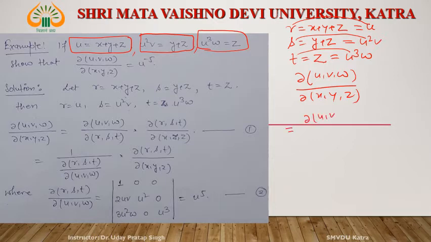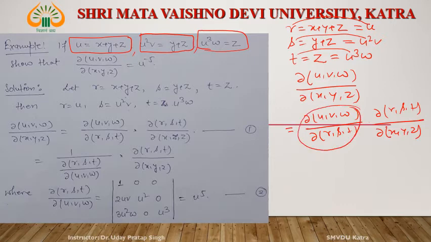∂(u,v,w)/∂(x,y,z) equals ∂(u,v,w)/∂(r,s,t) into ∂(r,s,t)/∂(x,y,z). What is ∂(u,v,w) with respect to (r,s,t)? To evaluate this, you have to find out what is u in terms of r, s, t, what is v in terms of r, s, t, and what is w in terms of r, s, t.